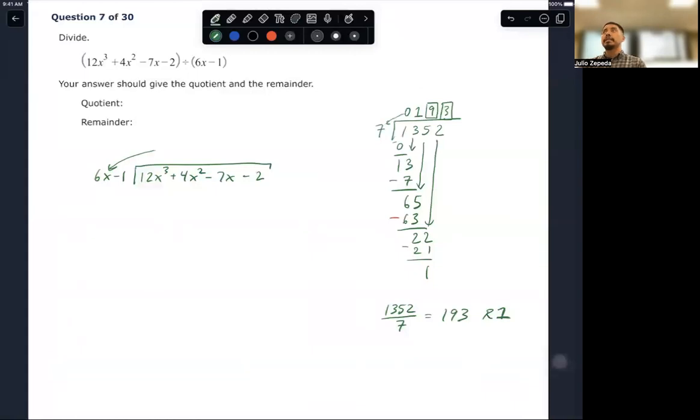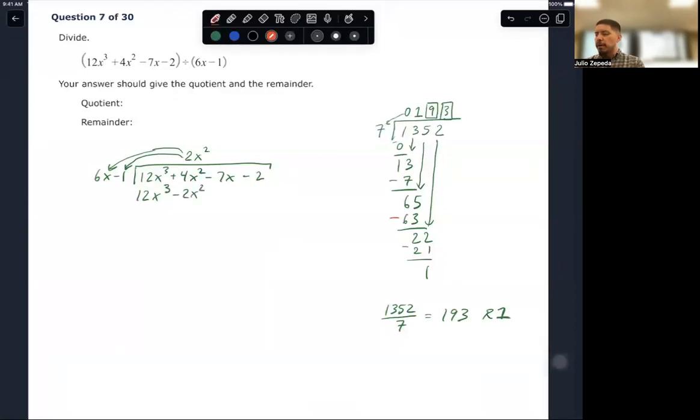What can we multiply by 6x? Yep, 2x squared, very good. If we multiply 2x squared by this 6x, that gives us 12x cubed. Now, in this case, there are two terms, so we'll multiply to both of those. 2x squared times a -1 is -2x squared.